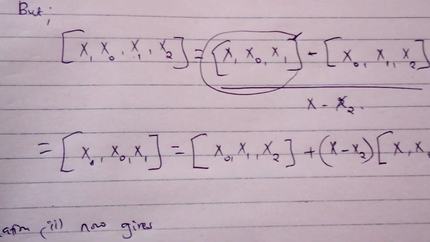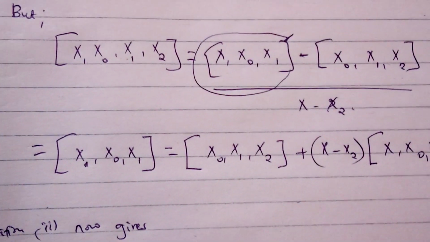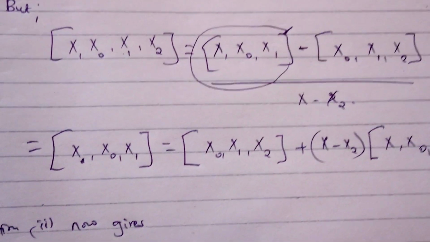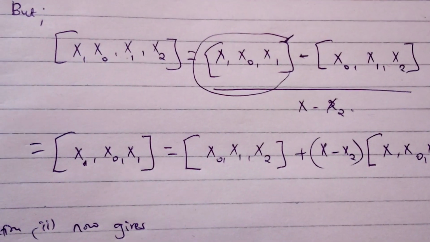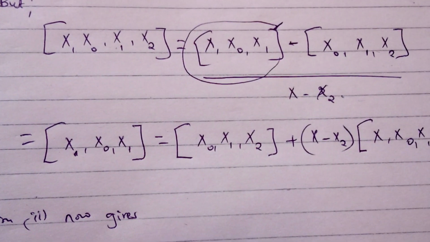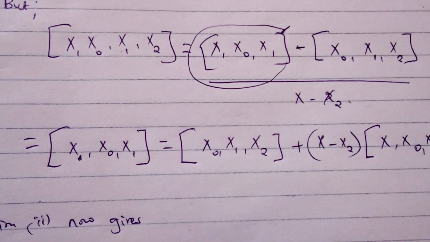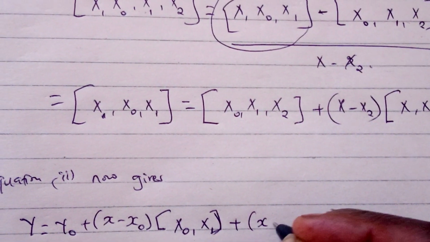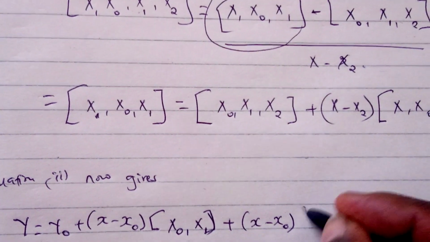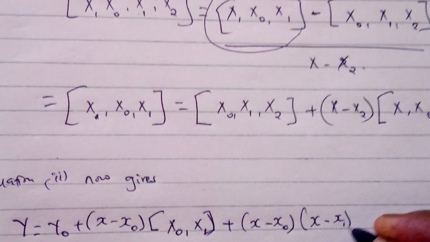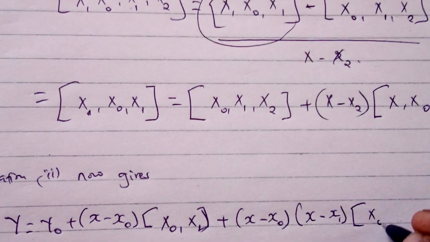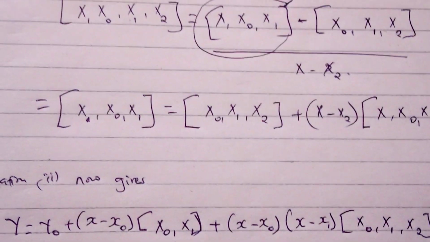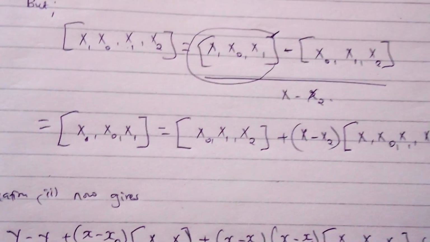We are going to have y is equal to y naught plus x minus x naught multiplied by x naught x1, plus x minus x naught, x minus x1 multiplied by x naught x1 x2. Plus, in short, what we are doing is adding all these values.